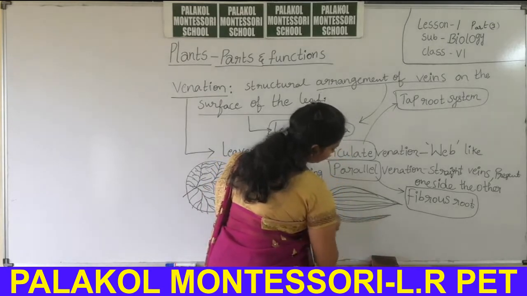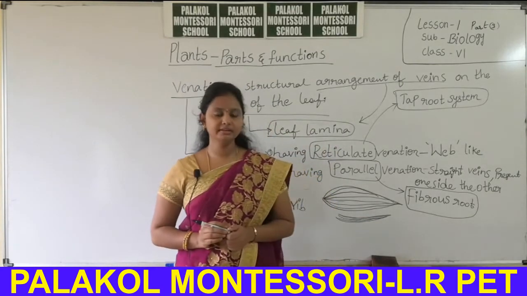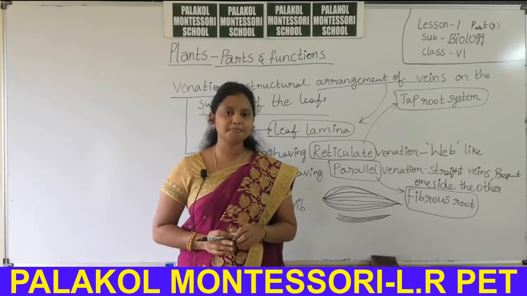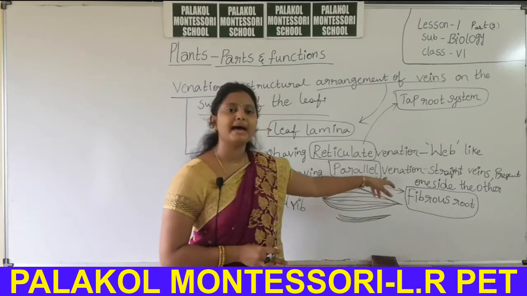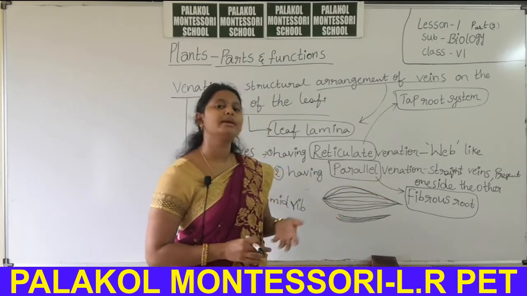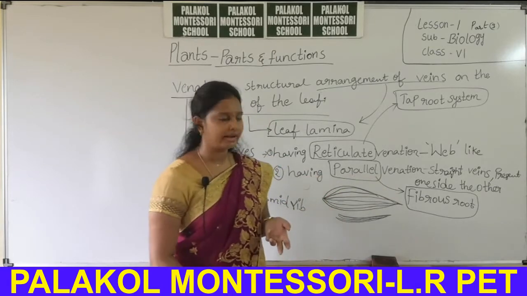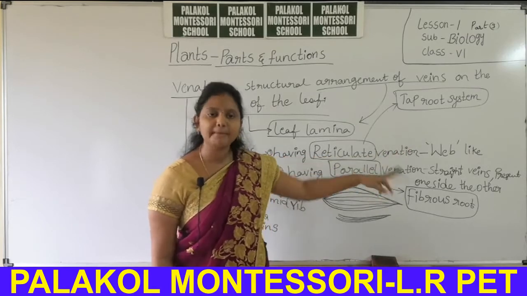Coconut, wheat and grass plants must also have parallel venation. In your area there are many grass plants. If you observe them, they must have parallel venation.